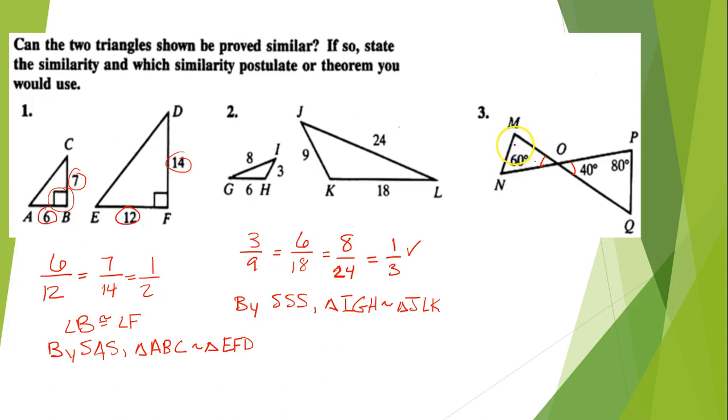Subtract that from 180, you get 80 degrees here, which means this angle and this angle are congruent, meaning the last two angles are going to be 60, and those are congruent. All of our angles are congruent, so by angle, angle, triangle MNO is similar to triangle PQO. And there, finally, we are done.